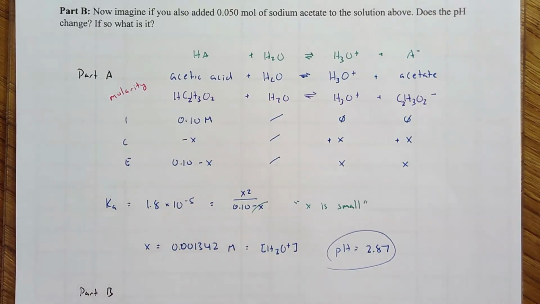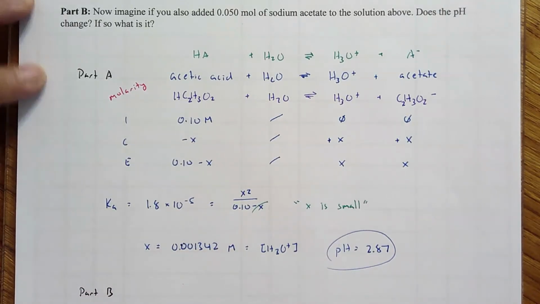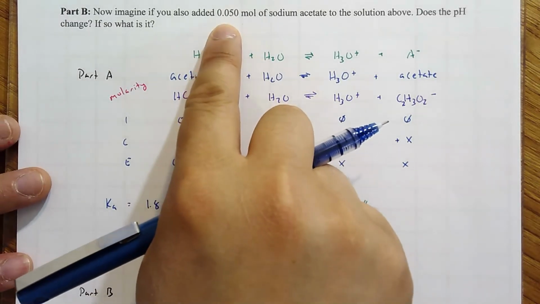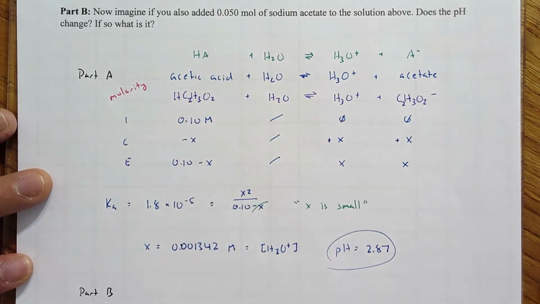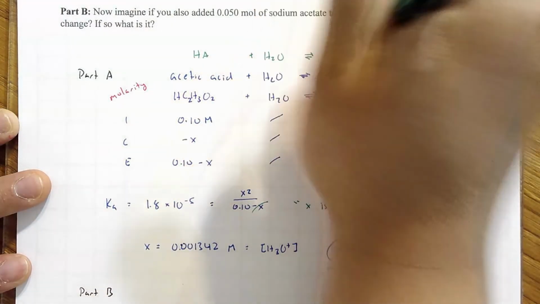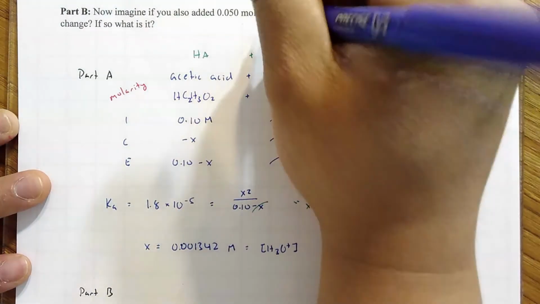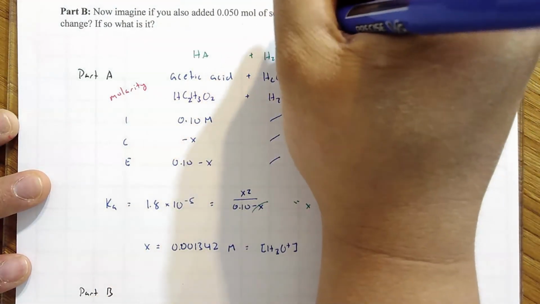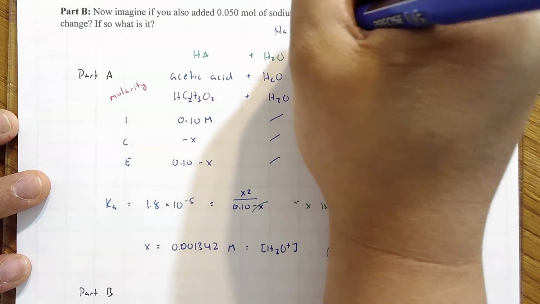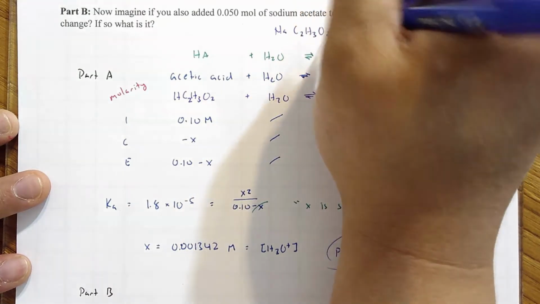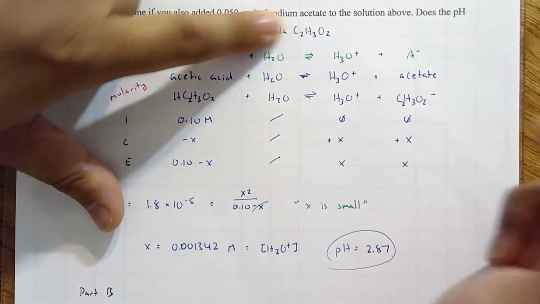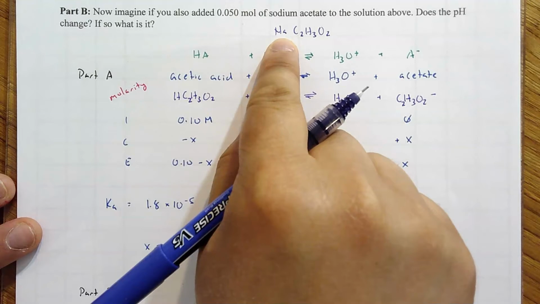Part B. Look what they're doing in part B. They are adding sodium acetate. Sodium acetate is NaC2H3O2. So that anion is minus, but it's paired up with a positive cation.